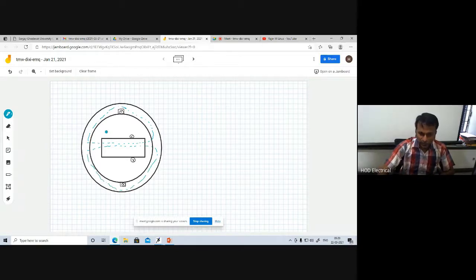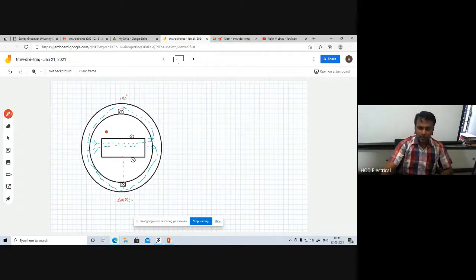This arrow mark shows the positively maximum, and this the negatively maximum magnetic flux density. Now this is the circumferential angle we are going to analyze. It starts from alpha equal to 0, then 90 degrees, 180 degrees, 270 degrees, then 360 degrees.